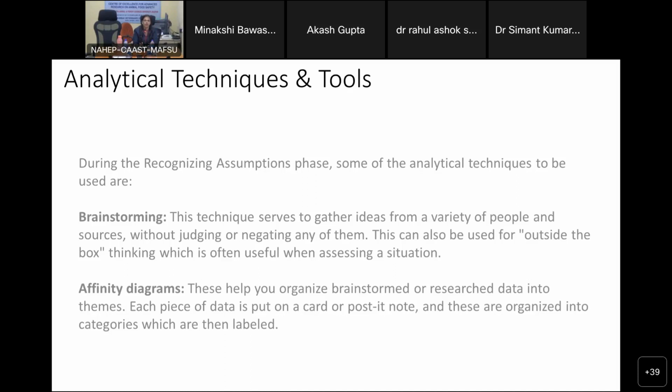Putting each piece of data, like you can put it on post-it notes, you know, na? Like sticky notes, you can write on that, or you can categorize in different ways. That is the diagram called the affinity diagram. Generally we do this activity, but here you will be writing in your notebook.